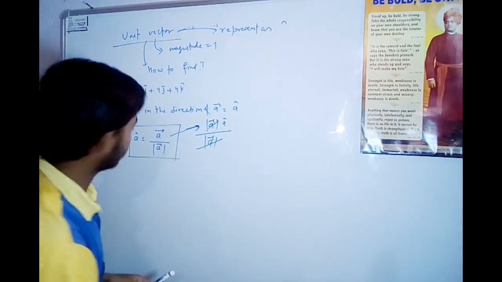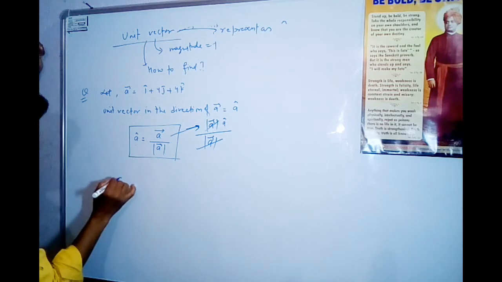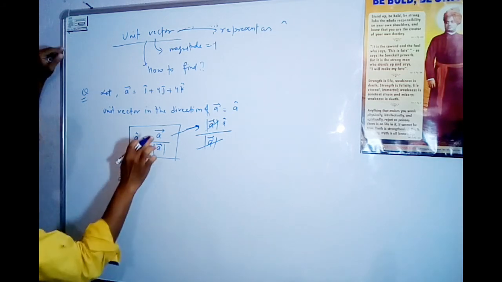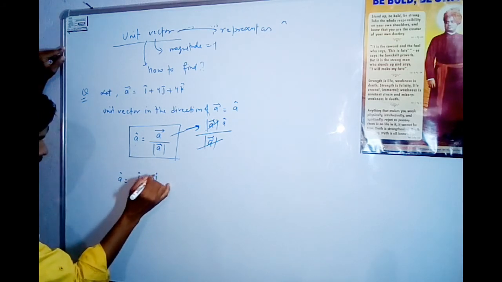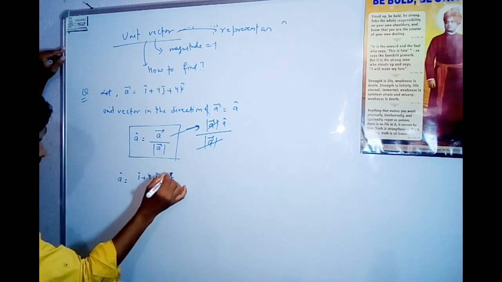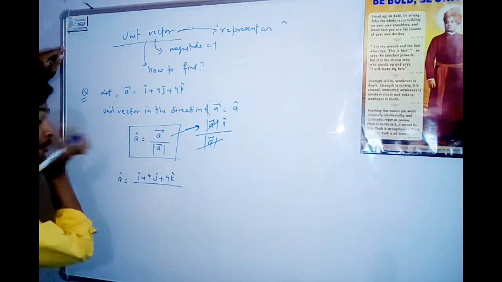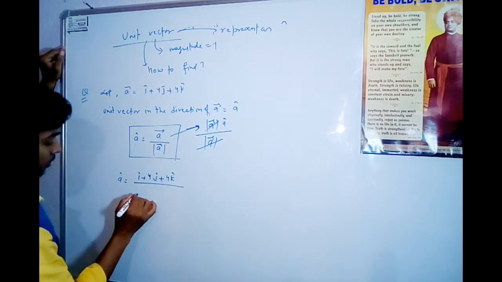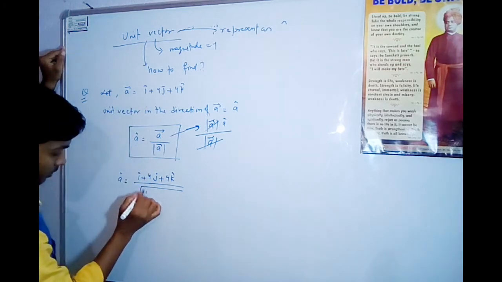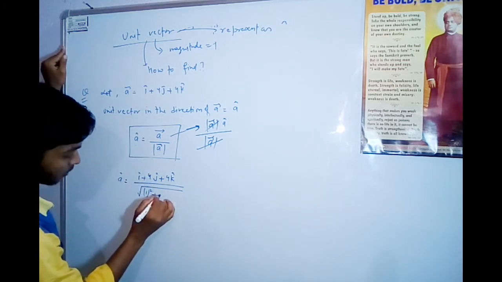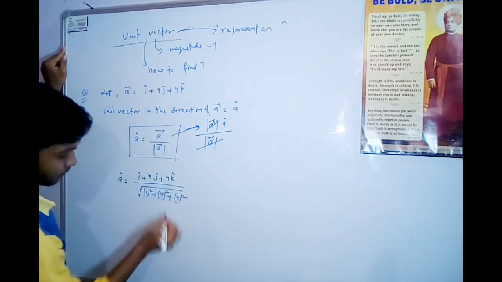So we can use it for this vector. We have to calculate the unit vector. a cap equal to i cap plus 4j cap plus 4k cap divided by the magnitude of a. And how to calculate the magnitude? Root under x coordinate square, that is 1 square, plus y coordinate square, that is 4 square, plus z square.